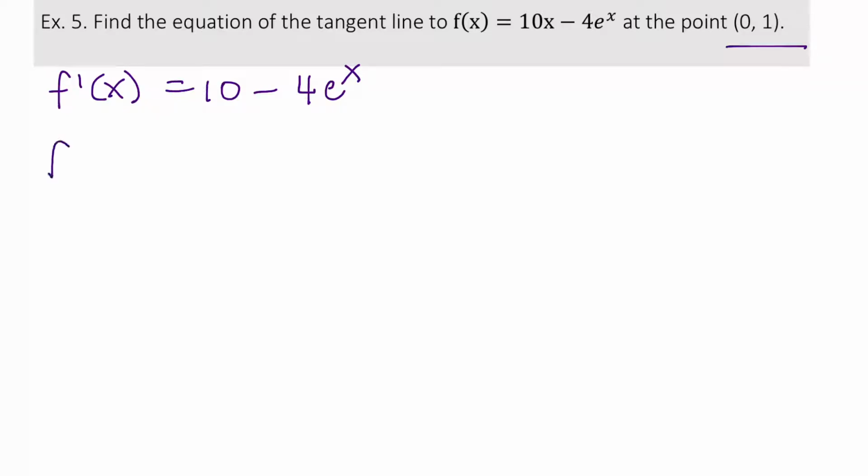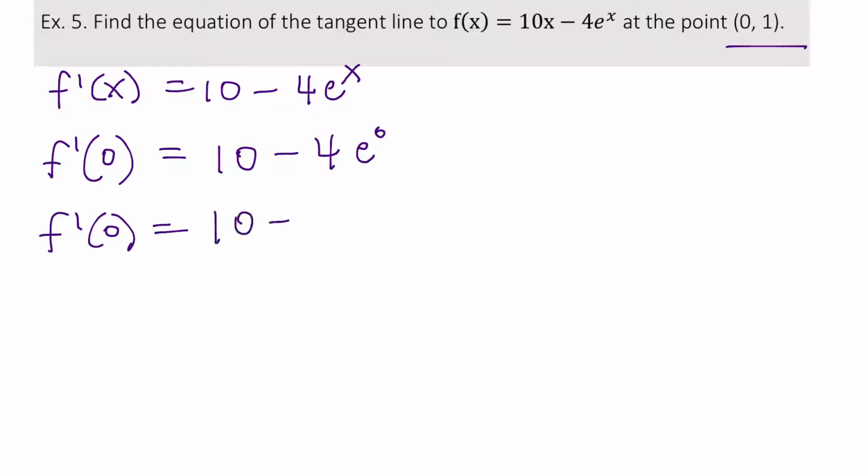So we need f prime of 0. So that's 10 minus 4 e to the 0. So anything to the 0 power is 1. So this is 10 minus 4 times 1. So that's 10 minus 4. So that's 6. So the slope of the tangent line is 6.